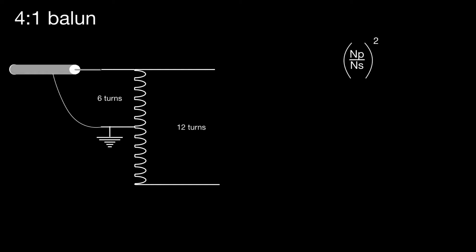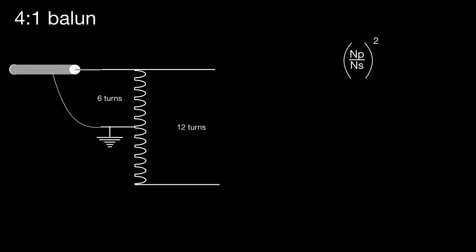Let's have a look at this one. Slightly different configuration, but a 4-to-1 Balun. Now this could equally be drawn with separate primary and secondary, although it could just use a single coil to achieve the same result. And you can see it's got 6 turns to 12 turns. And you might say, well, that looks like a 2-to-1 or a 1-to-2 Balun. But the 4-to-1 ratio there doesn't refer to the number of turns, it refers to the impedance.